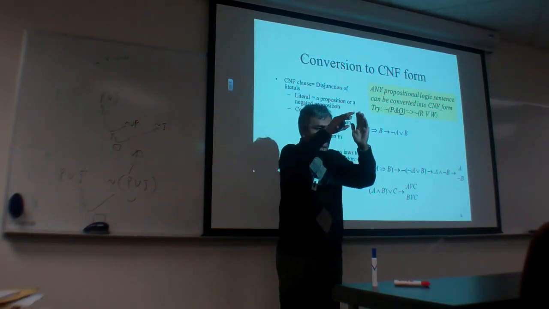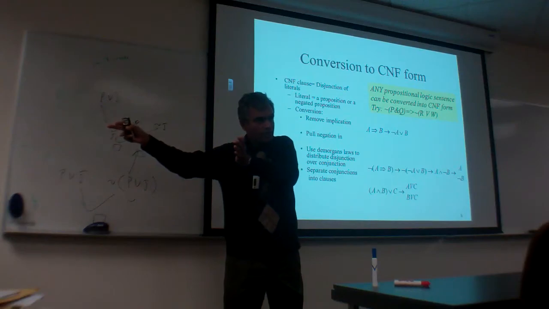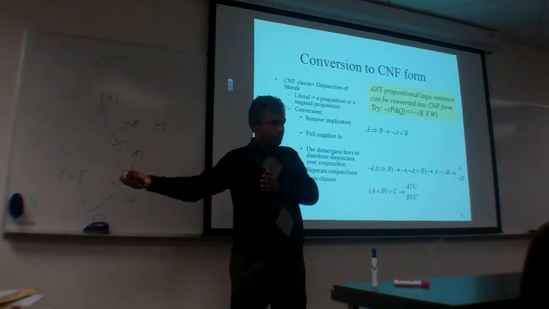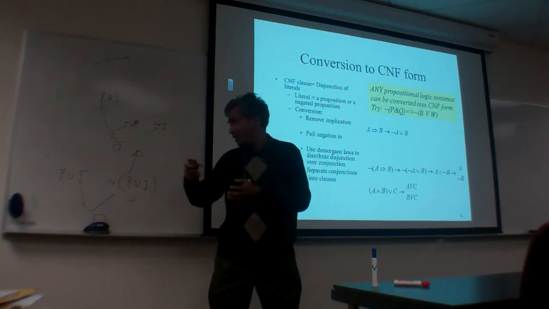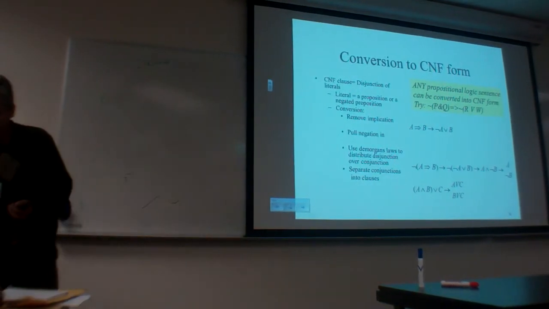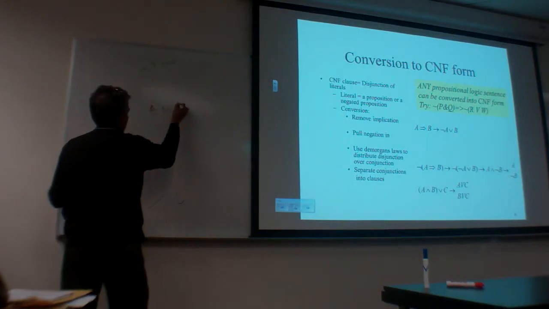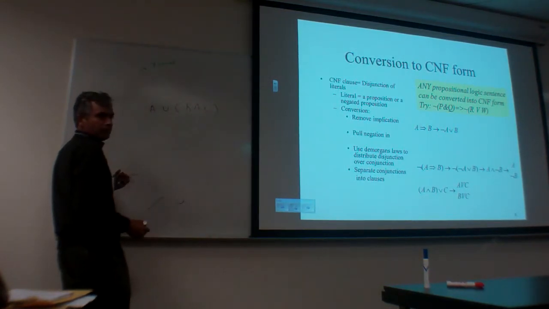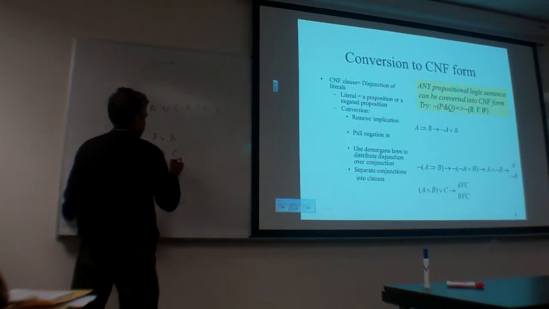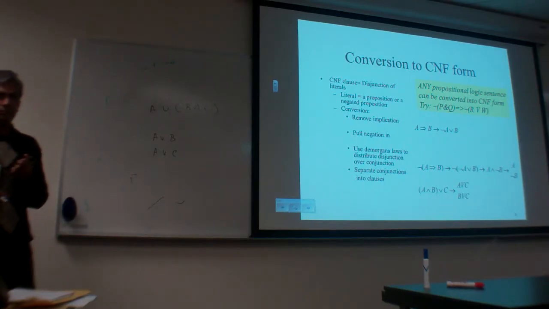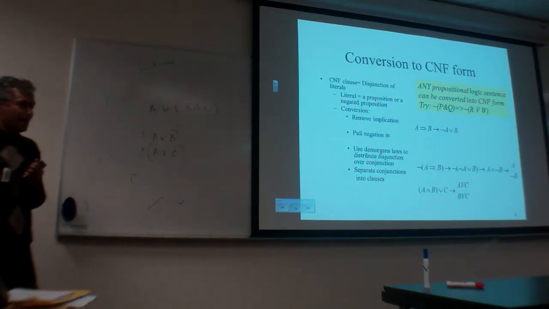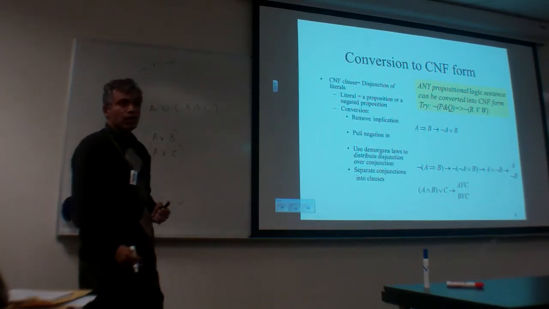If you have A and B or C, you can write it as A and B or A and C. Similarly, A or B and C, I can write it as A or B and A or C. And after these steps, you essentially will have clauses.